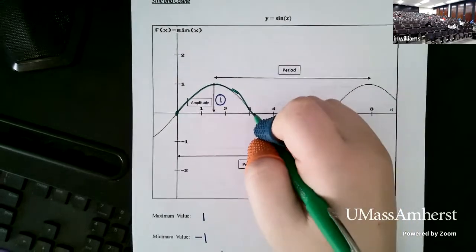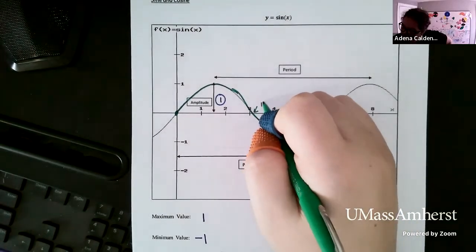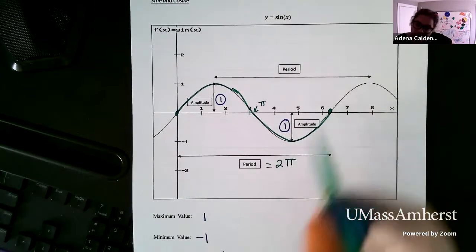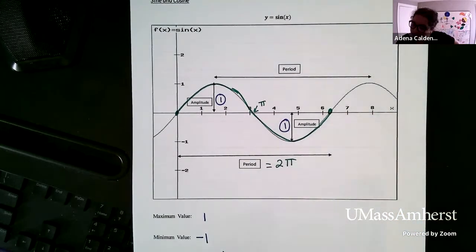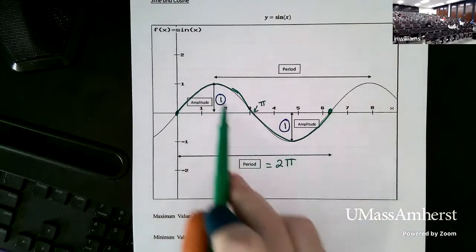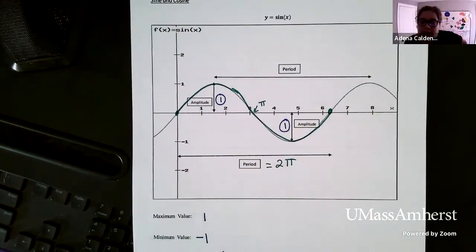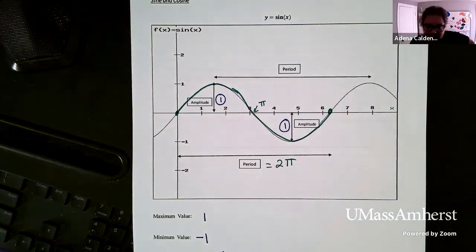If you're a little bit after 3, right, that's going to be pi. But if you're a little bit after 6, that's going to be 2 pi. So the period of a sine function, sine x, sine t, is going to be 2 pi. So every 2 pi units, the sine function is going to repeat.